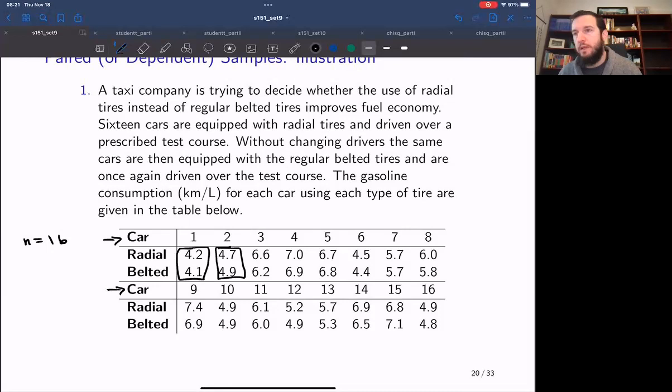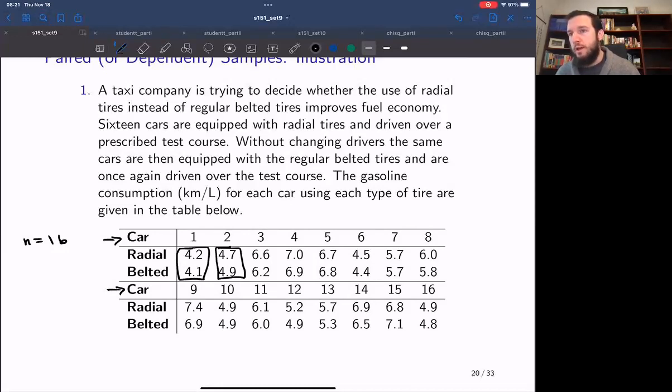Now, what we are going to be interested in doing here is comparing average fuel consumption on the belted tire with average fuel consumption on the radial tire. Because as you can imagine, a taxi company is probably going to be most interested in using a tire that would reduce fuel or gasoline consumption because they can save money.